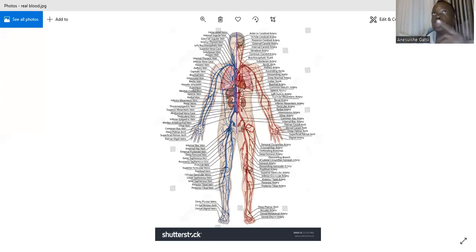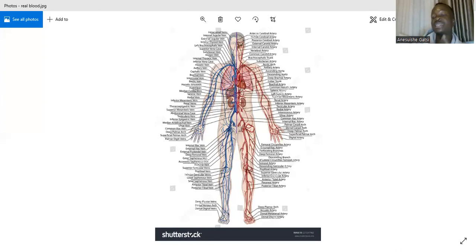That is the middle meningeal artery, which then passes through the foramen spinosum. You also get an anterior tympanic artery, which passes through the petrotympanic fissure. Then you also get the deep auricular artery, which passes through your squamotympanic fissure.